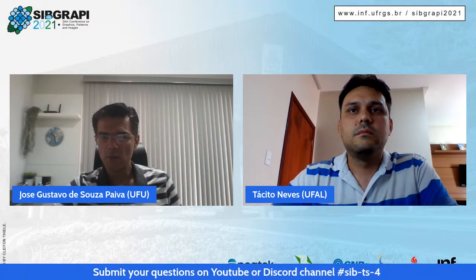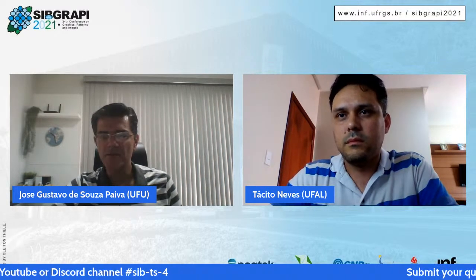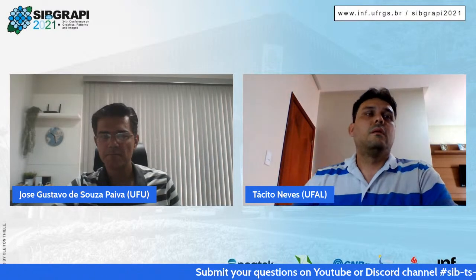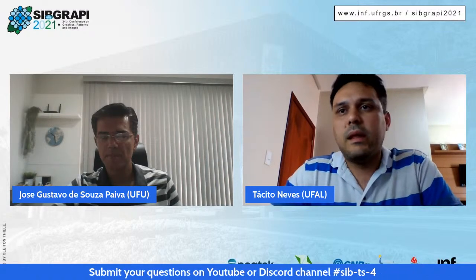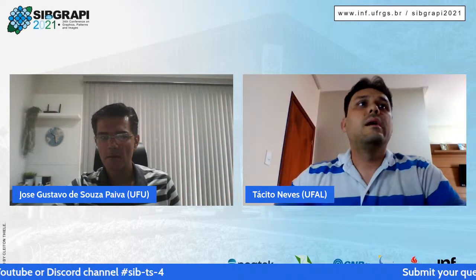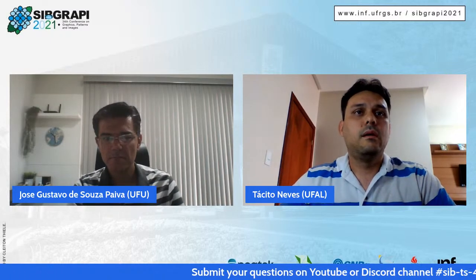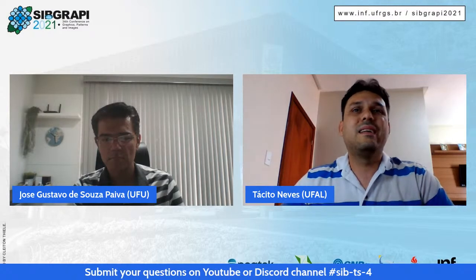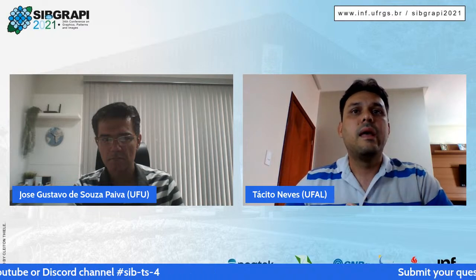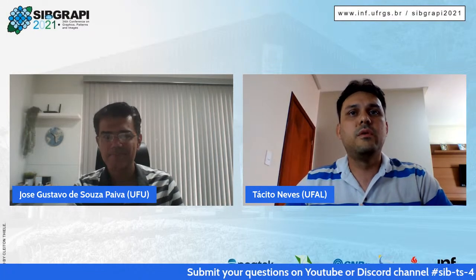Okay. We have a question here from Carla Freitas. How do you evaluate the impact of the changes in the data on the projection layout? Let me see if I understand. To evaluate the impact of the change in the data on the projection layout, again, we try to measure stability, but this kind of measure is better suited to dynamic scenarios, and streaming scenarios are different from dynamic scenarios.